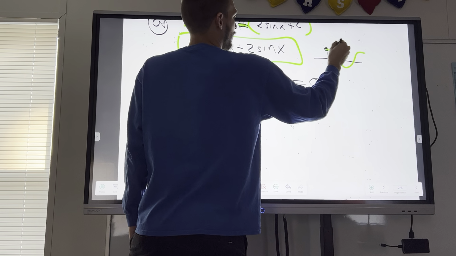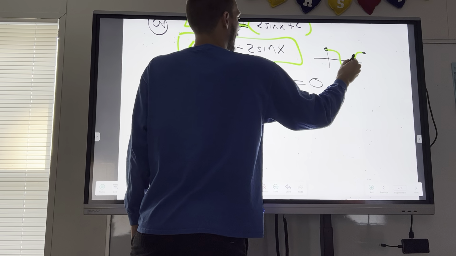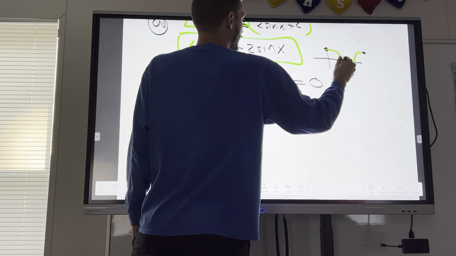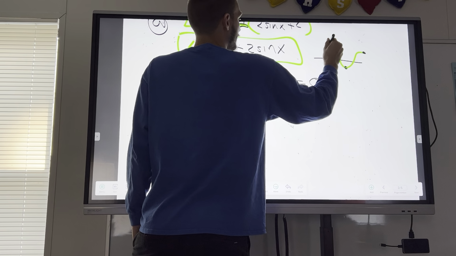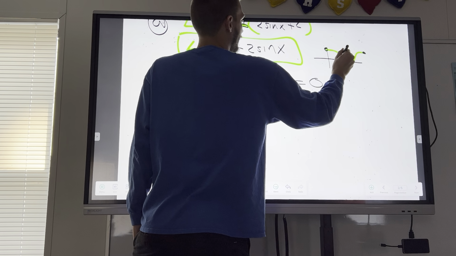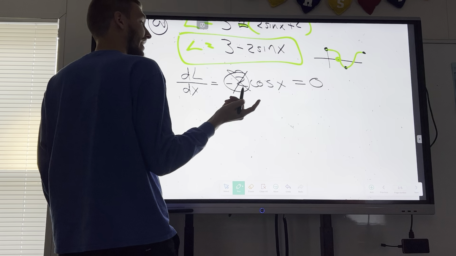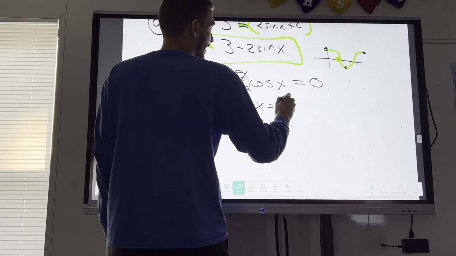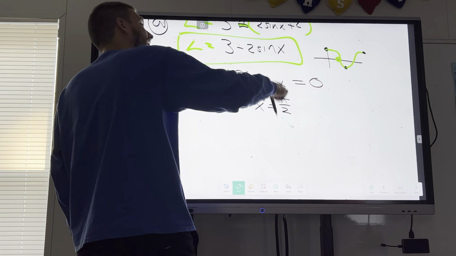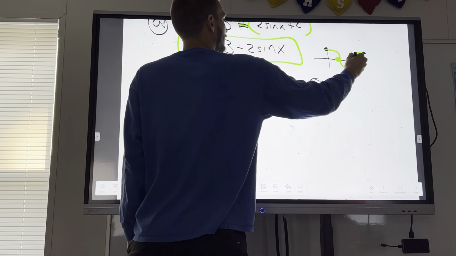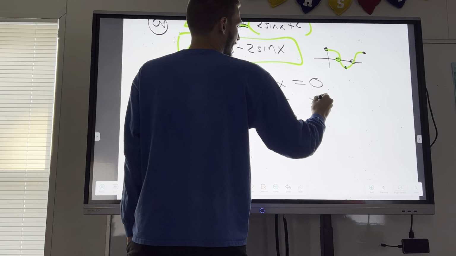At 0 it is 1, at 2 pi it is 1, at pi it is -1. It is in between 0 and pi where we have the 0 value. And so that is going to be at pi halves. That would be x equals pi halves. And we get another one over here at 3 pi halves.